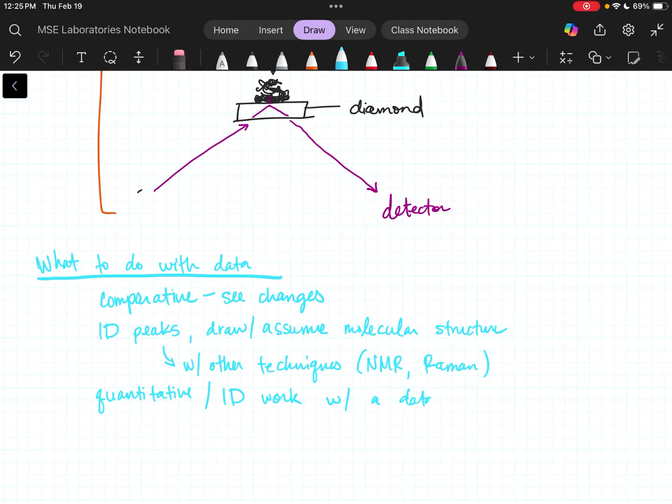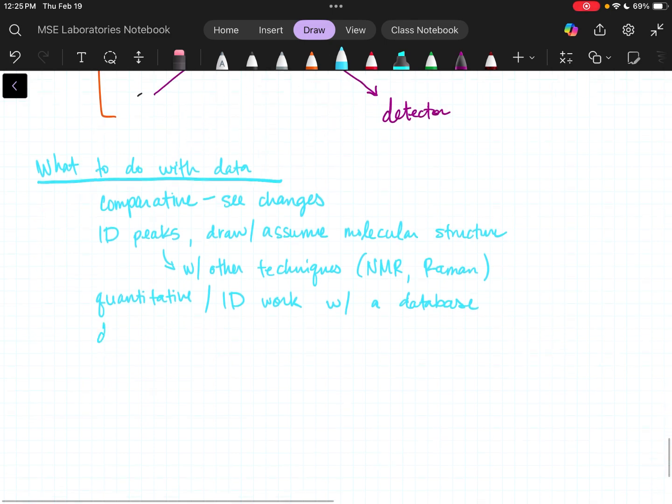You also can do quantitative or identification work with a database. So you can take your scan, you can compare it to a whole bunch of known materials, and you can use a computer to quantify or identify your material.